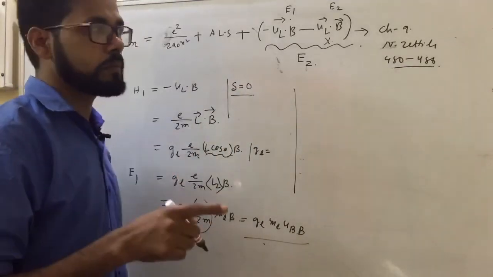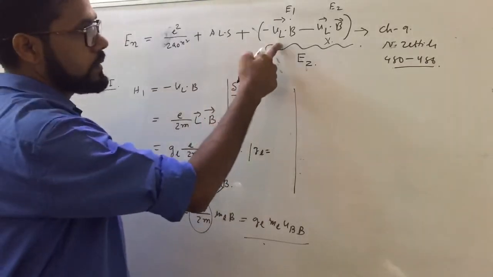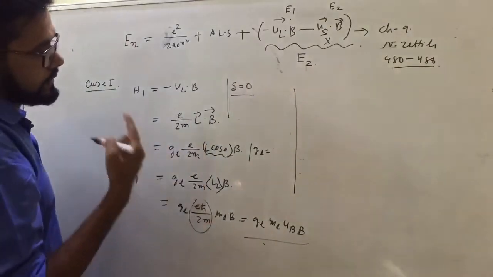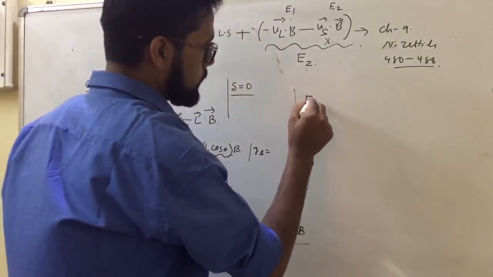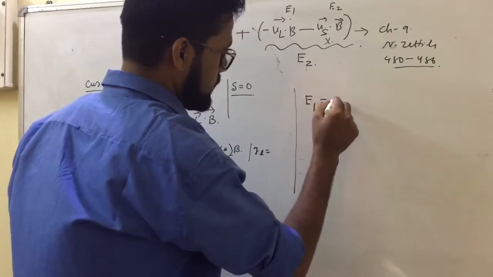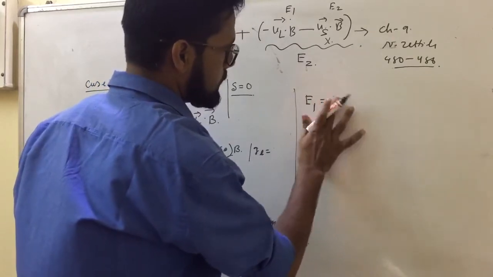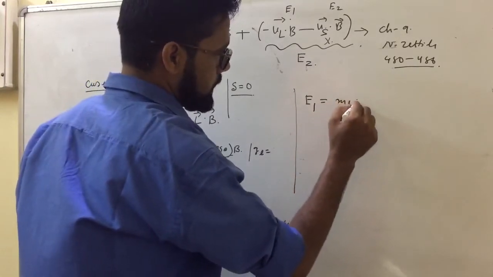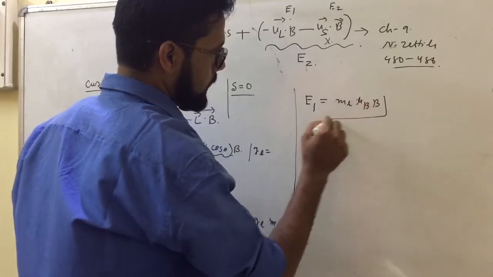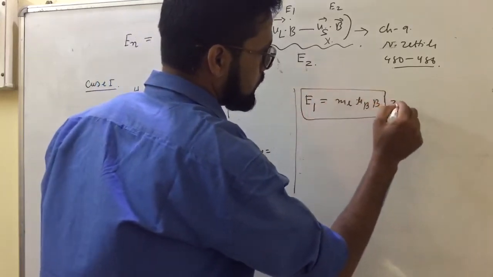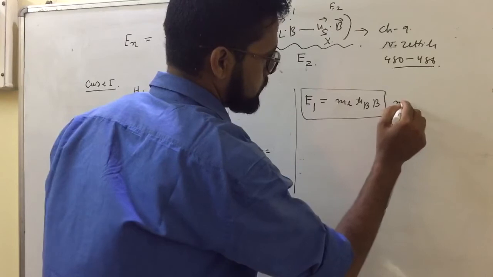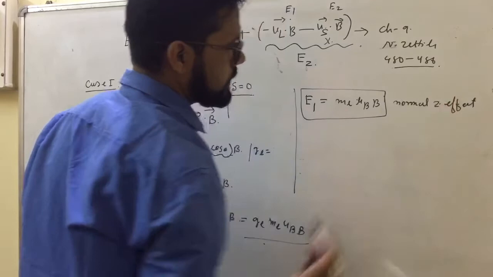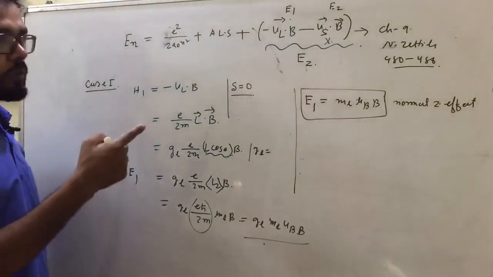I assume the spin of the system is 0, and then only this term will exist, and this is the energy. ZL is 1, so you need not write it; just ml mu B B. This is known as the normal Zeeman effect. Spin is not considered.